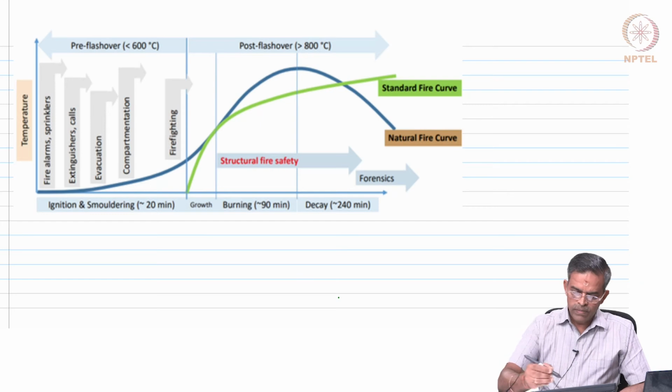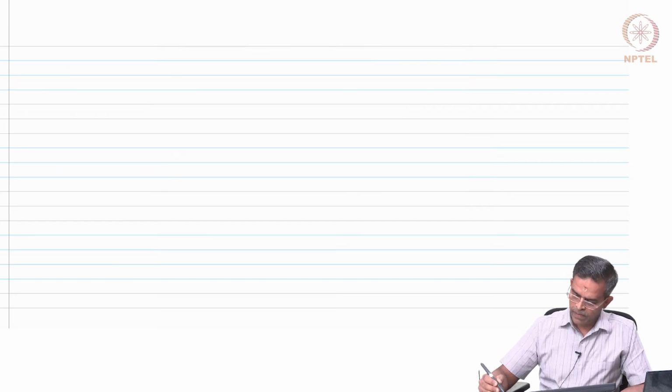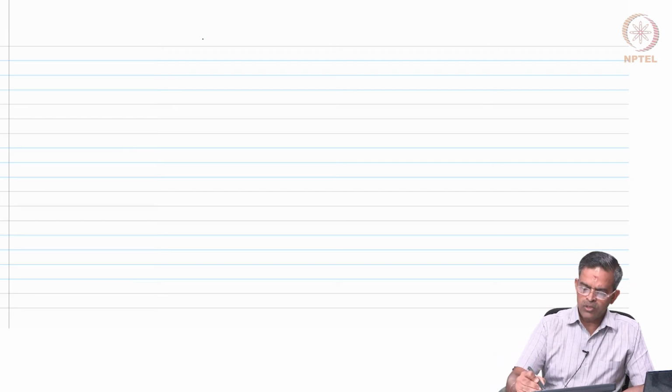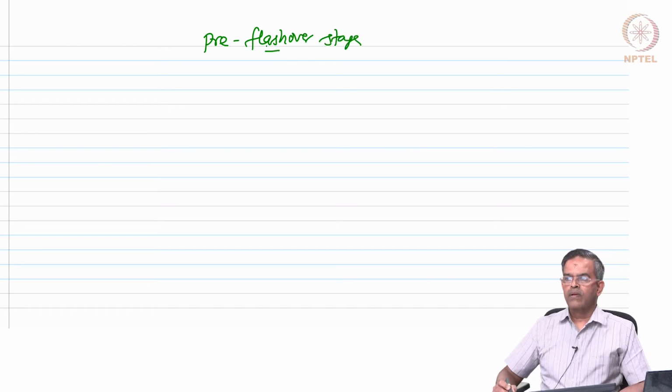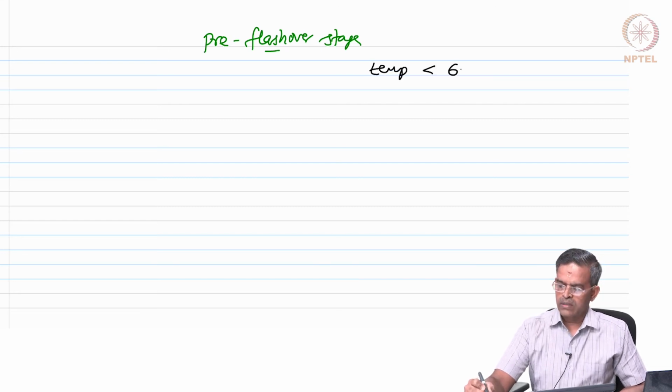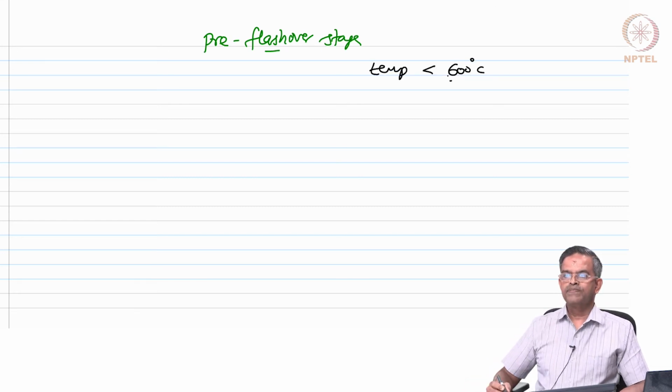Following by this, let us have something called pre-flashover stage. This is true up to a temperature less than 600 degrees Celsius.